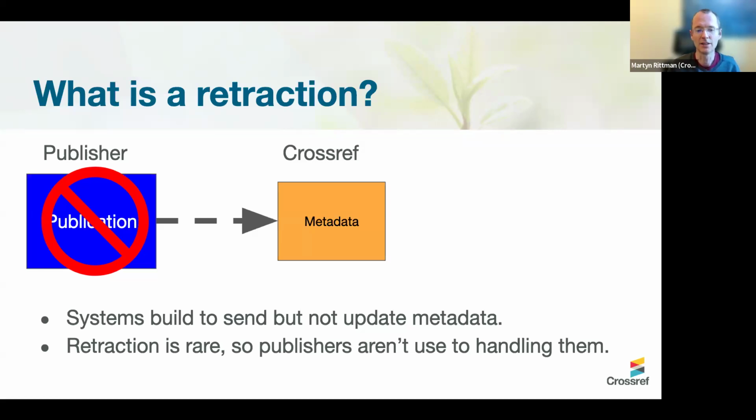And the other reason is that the majority of our members at Crossref are small organizations, and if you're publishing, say, fewer than 100 publications a year, then the chance of having a retraction is very low, and you'll probably only come across one once every few years. So it's a very rare process, and there are not necessarily standard processes in place for how to handle retractions.